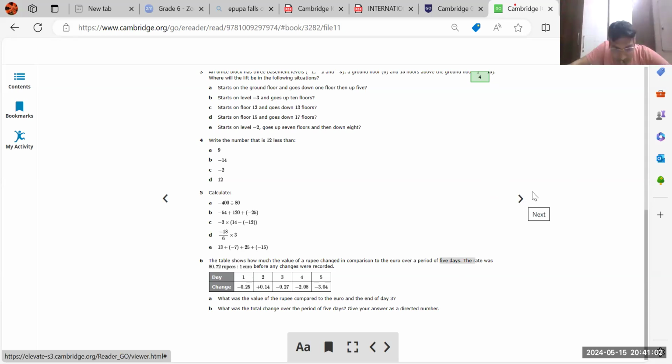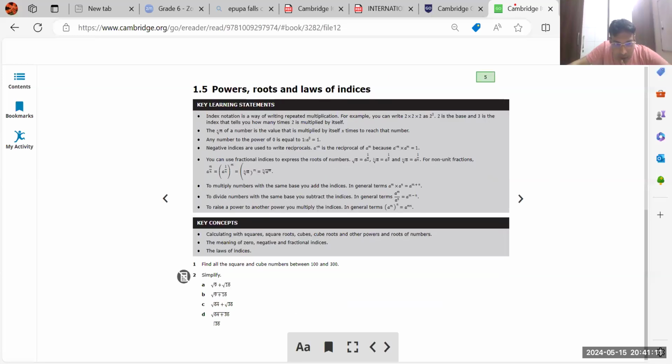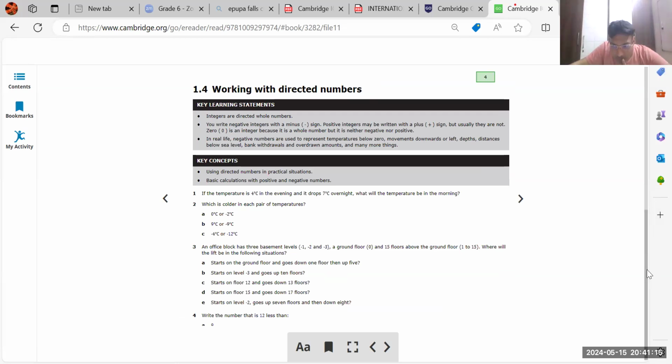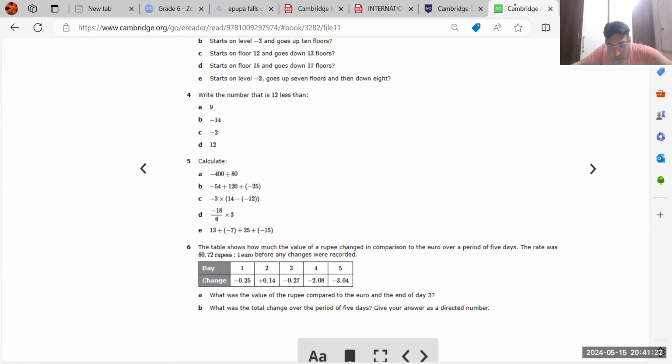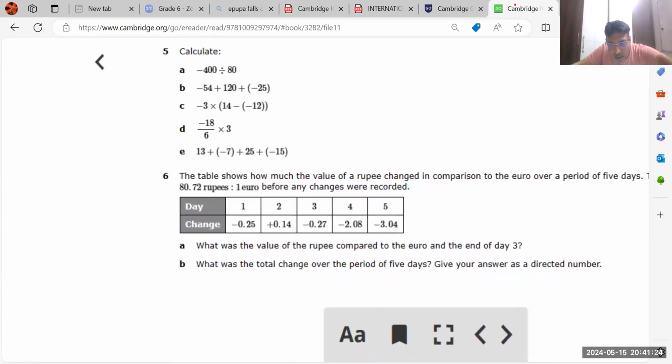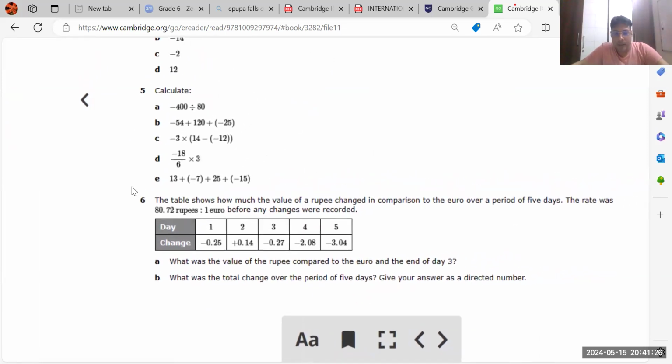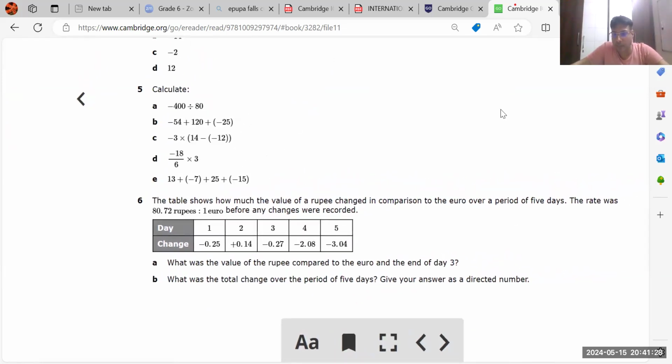Sir, can we use the formula of Google? I think we can do this question, it seems a little interesting. It's about money too, since we are discussing money. Let's do this sixth question, guys.